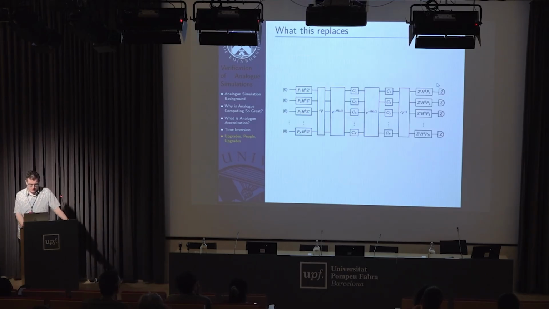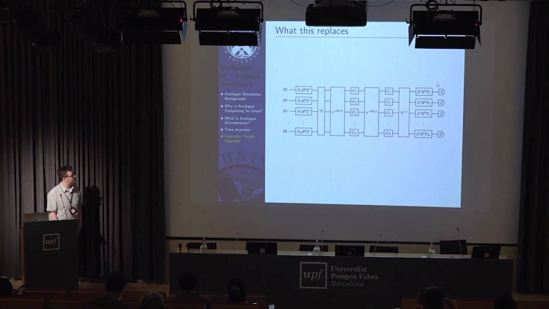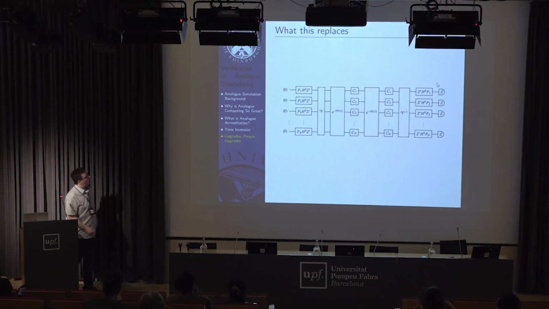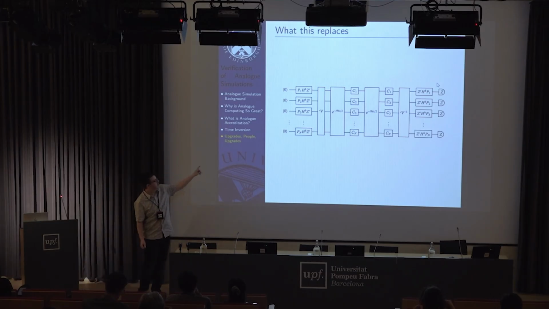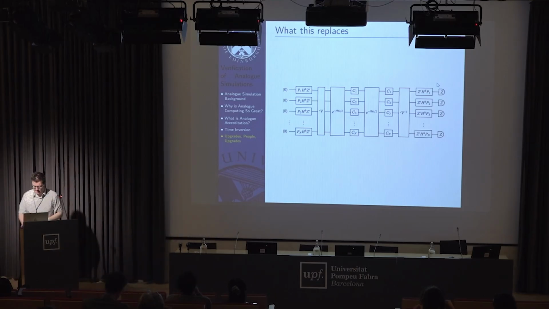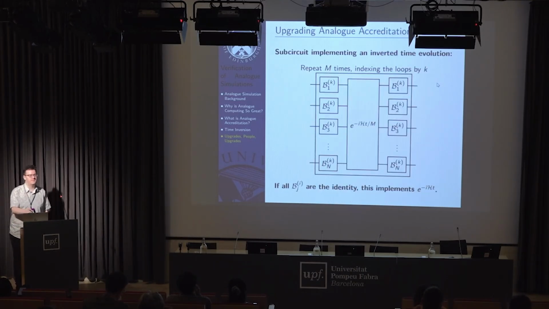Okay, so just to be clear, based on the last protocol that I showed you, the way you'd upgrade to this new one is you'd take out all of the things between, including the V and the V inverse gates, pop them all out, and you would just replace it with this whole thing here.